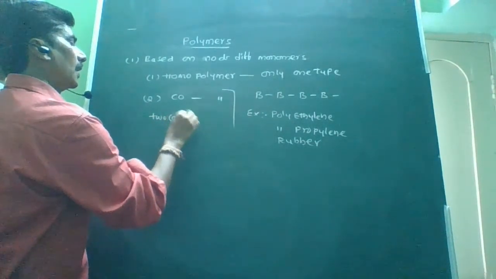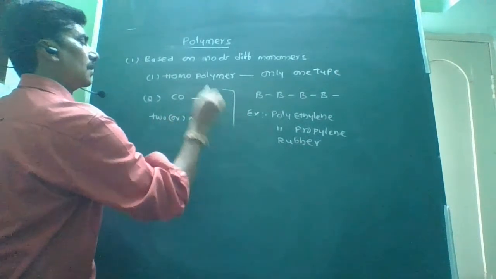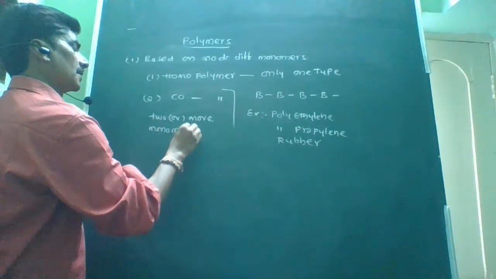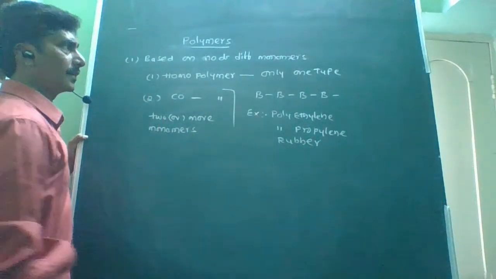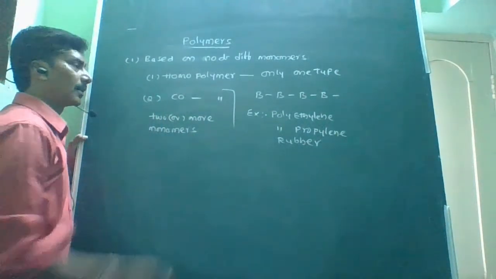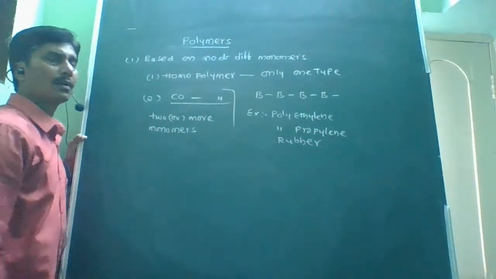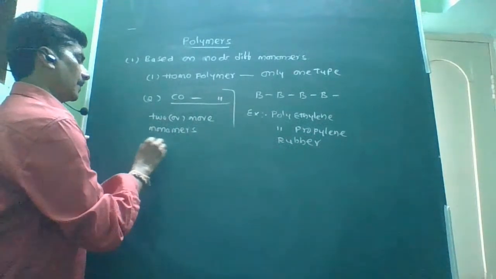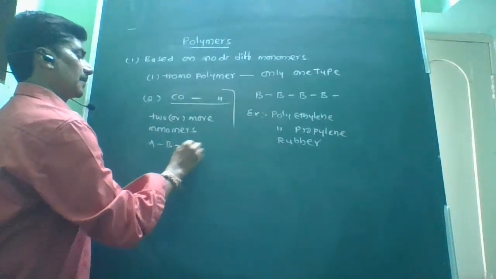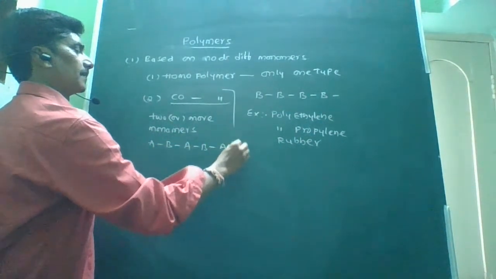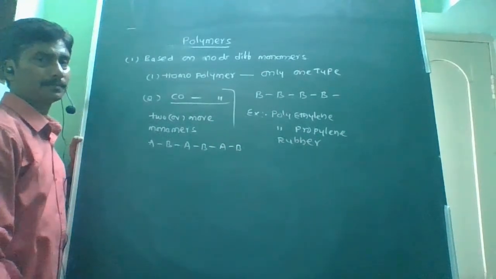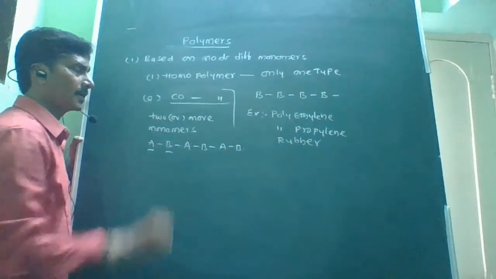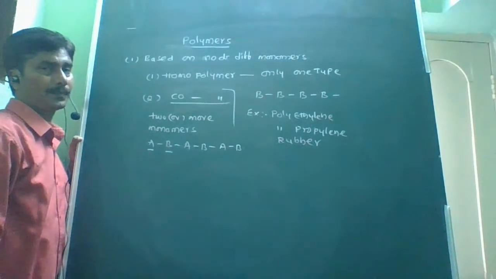If two or more monomers are used in the formation of a polymer, that is known as the copolymer. So A is one type of monomer and B is another type of monomer.